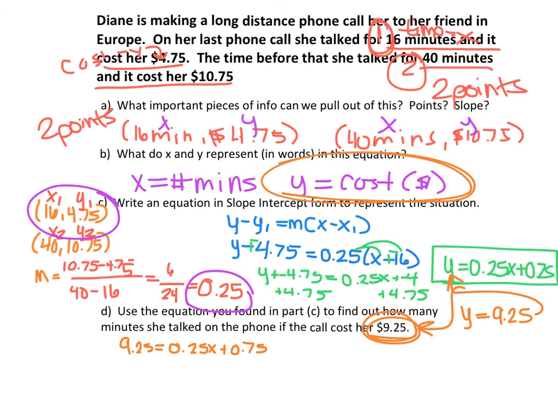Now our goal here is to get x by itself, so we're going to start by subtracting 0.75 from each side. As a result of that, I get 8.50 is equal to 0.25x. Now to get x alone, I need to divide both sides by 0.25. If I do that, I end up with x is equal to 34 minutes.